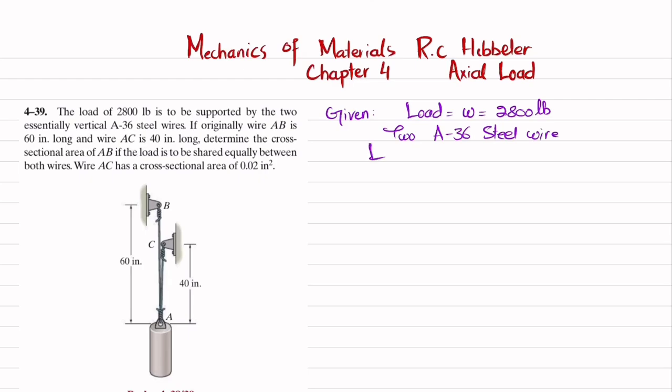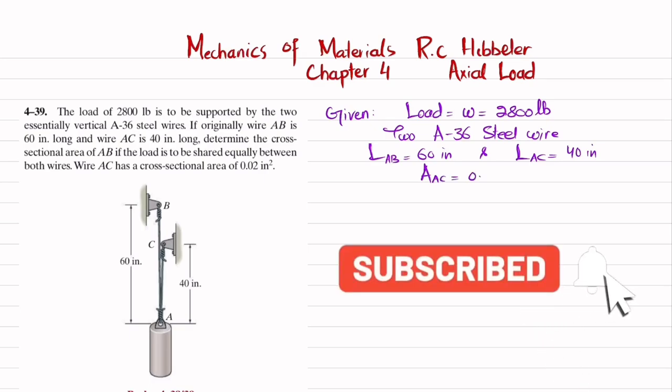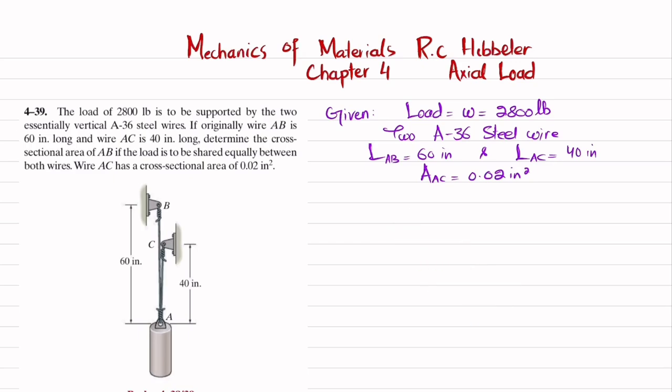The length of wire AB is 60 inch and the length of wire AC is 40 inch. The cross-sectional area of AC is 0.02 square inch, and it is given that the load is to be shared equally.